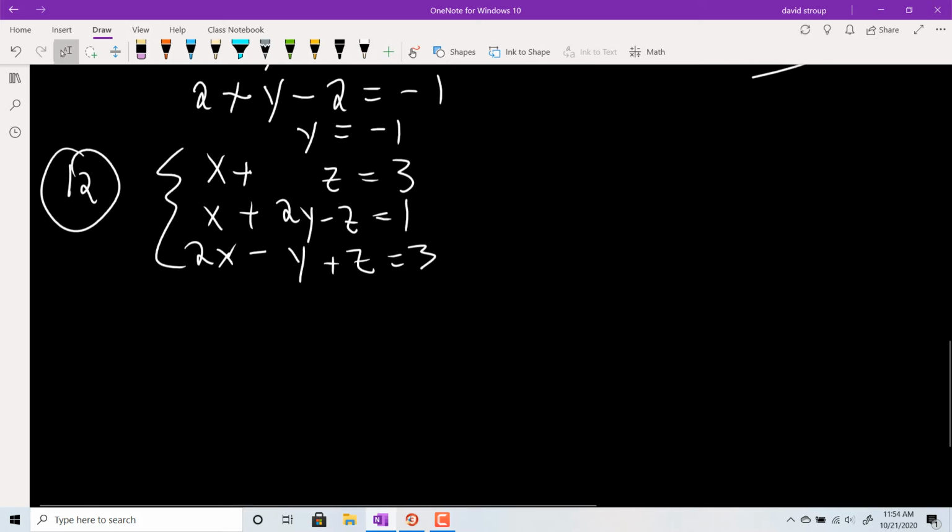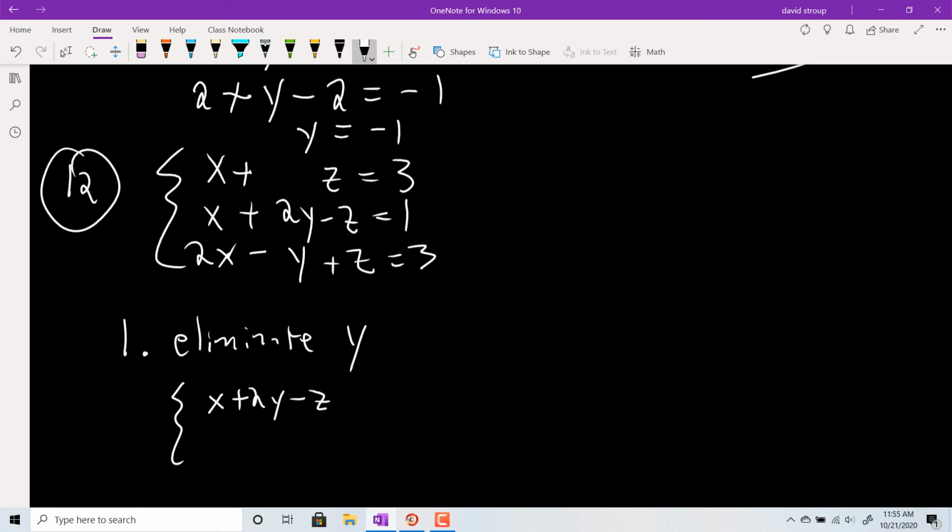Okay, so first off, I want to create a new system by eliminating a variable. The first equation already has the y eliminated, so let's choose to do that. And that way we'll already have one of our equations, the x plus z equals 3. And then all we have to do is eliminate y from these second 2 equations, and we'll have our second equation, and we can solve that system.